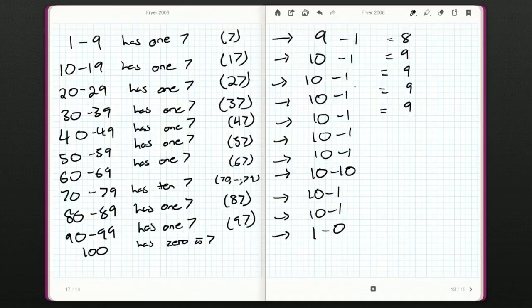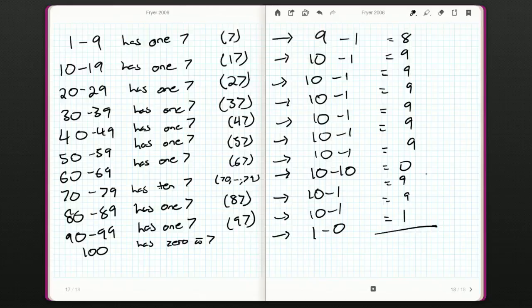Let's make sure I'm not skipping. So there's going to be the 1s, the 10s, the 20s, the 30s, the 40s, the 50s, the 60s, the 80s, and the 90s. That's 8 of them that have 9 numbers that don't contain 7s.